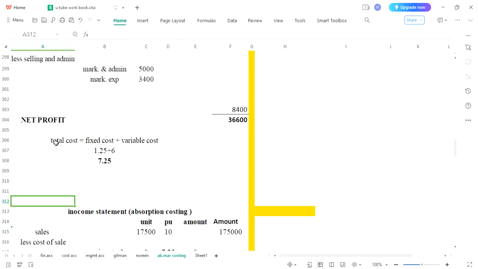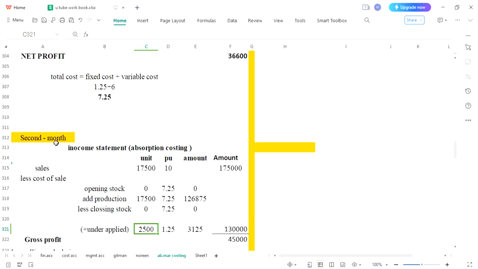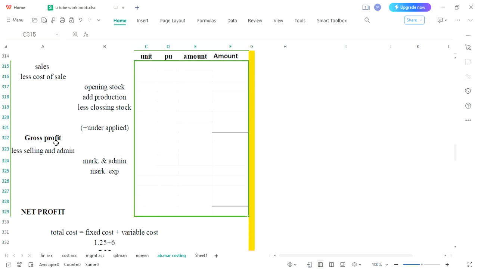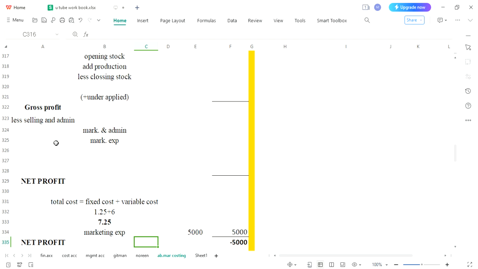So here we are going to make the income statement for the second month, and we do not need any of this amount right now. So we are going to delete everything over here.